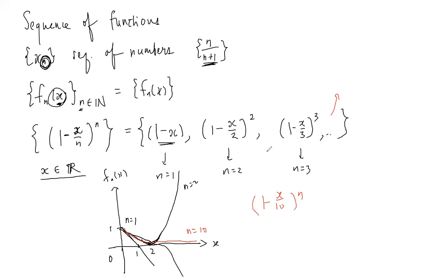So the question now is, we can ask ourselves, if we keep on, this sequence of functions has many different functions, and they are progressing as your n increases. The question is towards the end, at the tail, what is this function?